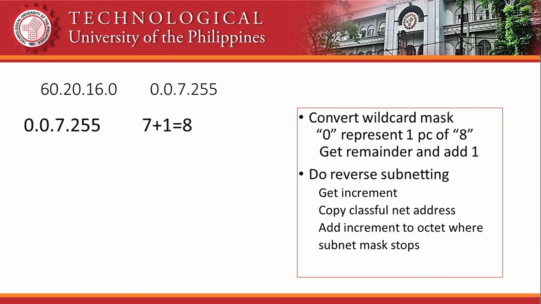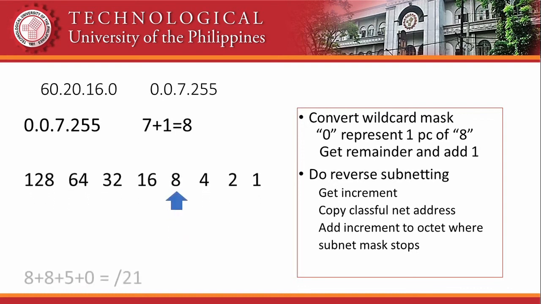For our last example, we have a class A address. So first step is to convert yung wildcard mask sa subnet mask. Recall lang ulit nung nag-wildcard mask tayo kanina, di ba kabaliktaran rin siya ng subnet mask. So lahat ng 0, automatic multiple of 8 na yon at lahat ng 255 ay 0 na. So makikita natin na meron tayong dalawang 8 tapos yung octet na may value which is 7, mag-add lang tayo ng 1 so magiging 8.